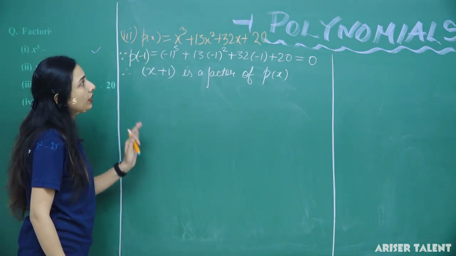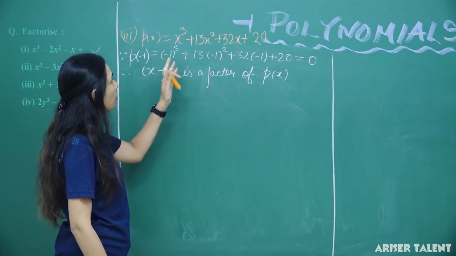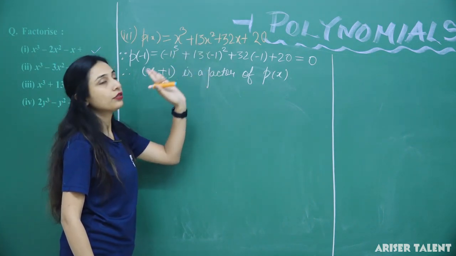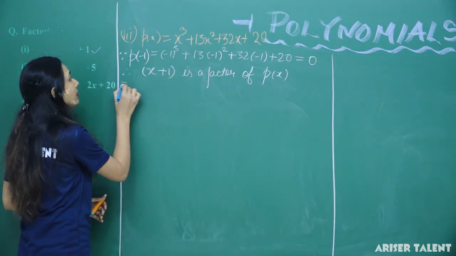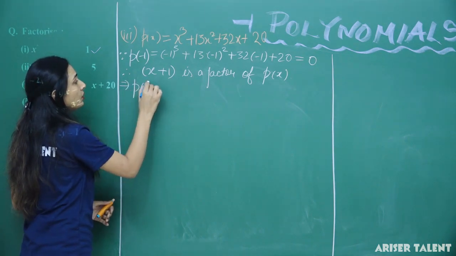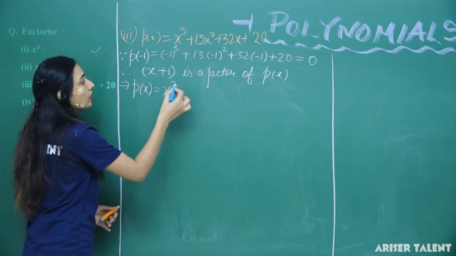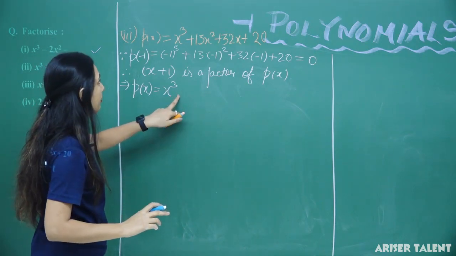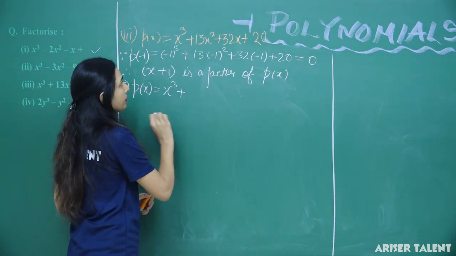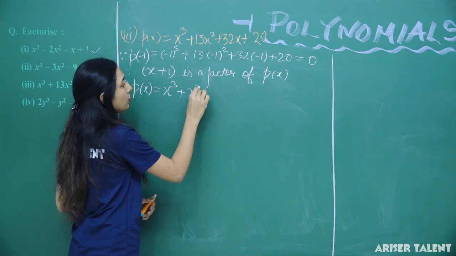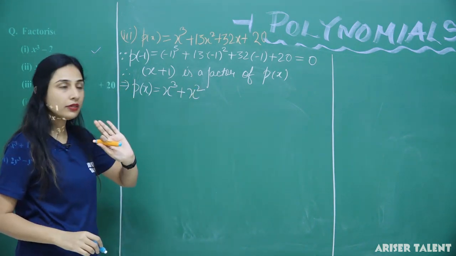If that's so, now we are clear that we have to make it like x plus 1, which implies that p(x) equals x cube. Now we know how to bifurcate it, we just have to write here x square, so that can become x plus 1, okay.